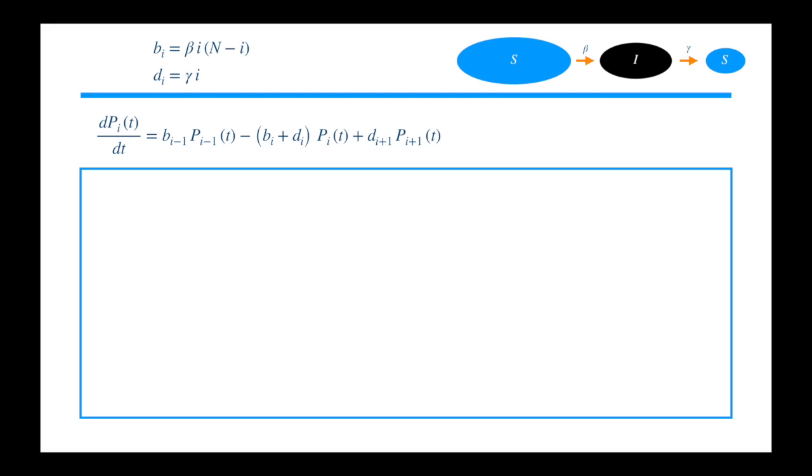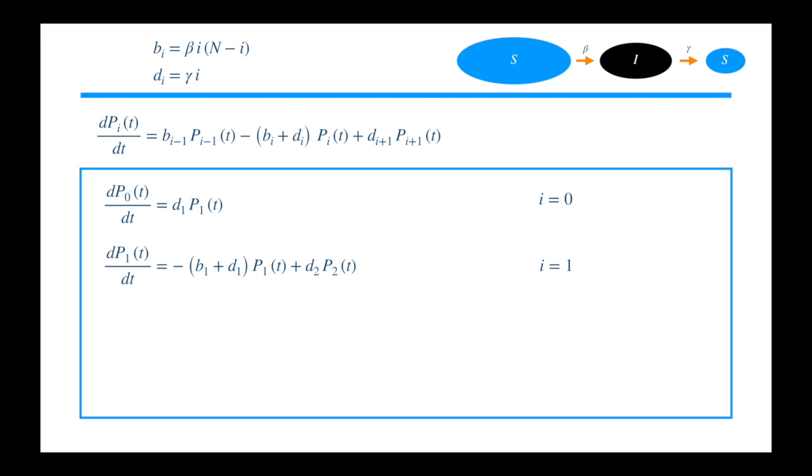If you plug in I equals 0, then the first term on the right hand side will be 0 because the probability of a negative number of infectives is 0, and the middle term will also be 0 because b_i and d_i will be 0 when I is 0, and in the last term we just replace I by 0. And if we plug in I equal to 1, then the first term will be 0 because b_0 will give 0.